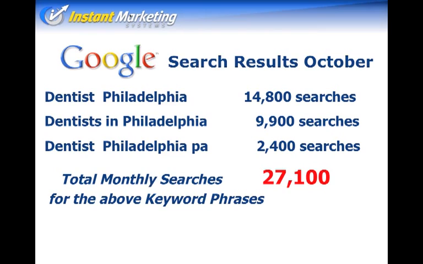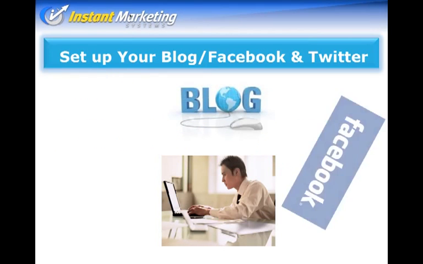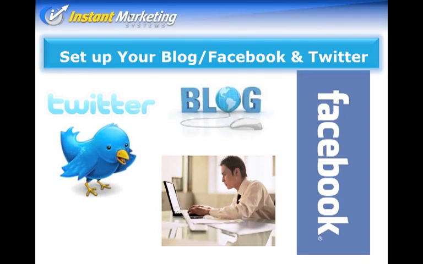Can you imagine if your website was on the first page of Google, how much traffic you would be getting to your website? And this is why you want to be on the first page of Google. It's qualified traffic. Now, also I said that if you want to get on the first page of Google, they're looking for your social media programs. They're looking for your Facebook, blog, Twitter.